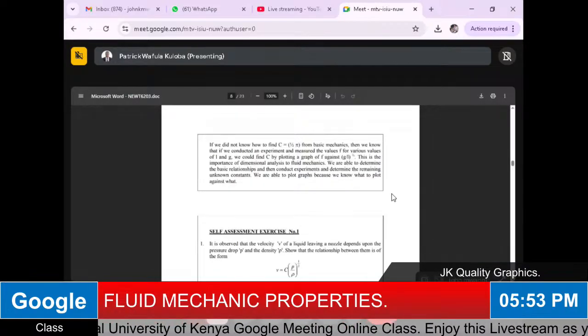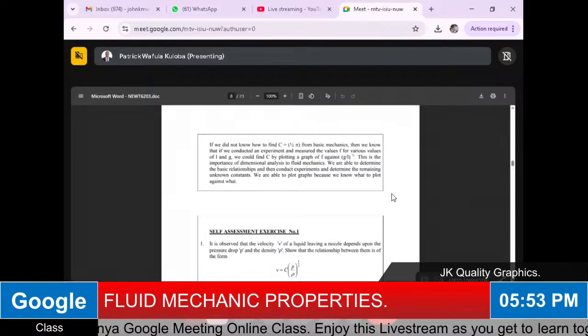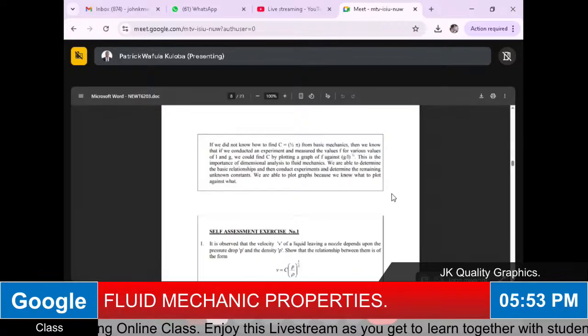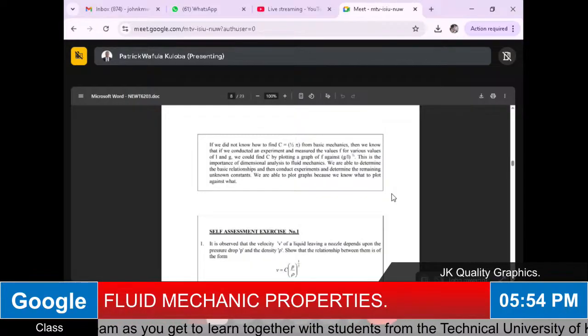So that will be L raised to 1, T raised to minus 1 on the left hand side. You can now put the quantity M, mass, on the left hand side and raise it to 0.